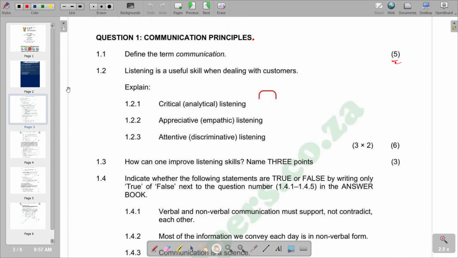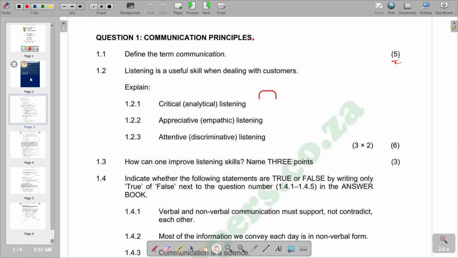Critical listening occurs when you still want to understand what the other person is saying, but also have a reason or a responsibility to evaluate what is being said. So the process of evaluating what has been said is critical listening. But obviously, you have to fully understand what has been said, and then you evaluate. That is our critical listening.